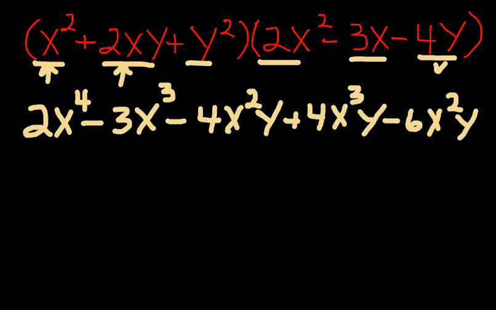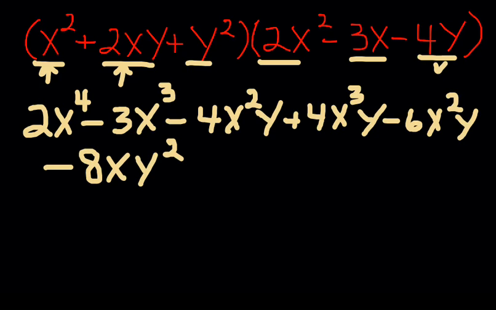Go down here to the next line. I'm running out of room. And then 2xy times negative 4y is minus 8xy squared, adding together the two y's. Now I'm 2/3 through with this problem as far as distributing.